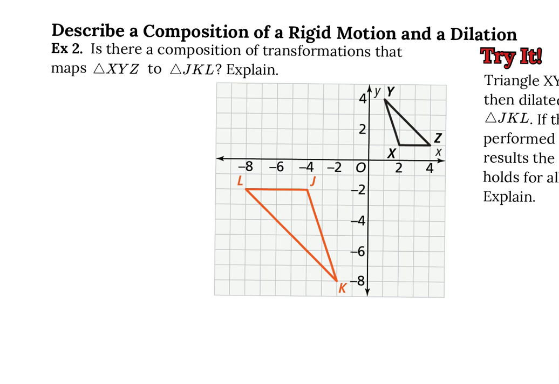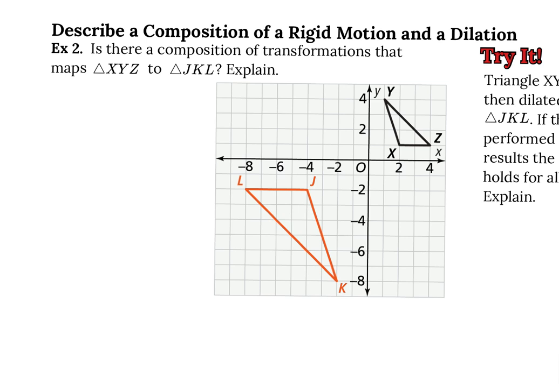But I also can see that my image has to rotate to get into the same position that it needs to be. So I need a rotation and then an enlargement of that. I'm going to start with the rotation.